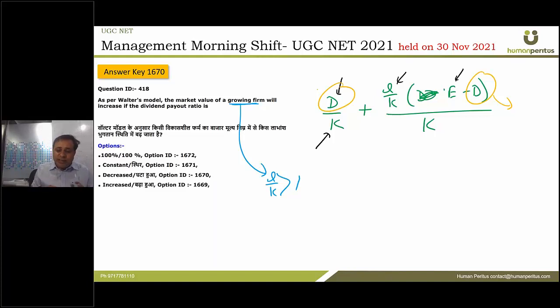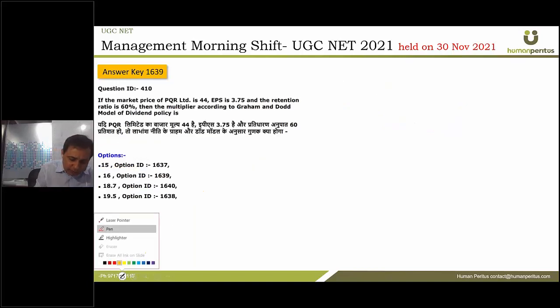So when the dividend payout ratio is increased, the overall value will go down, because eventually it will give us some sort of minus D. Why will it give us minus D? Because this value is greater than 1. Therefore, the correct answer is C, which is decrease. Let's move on. Next one.